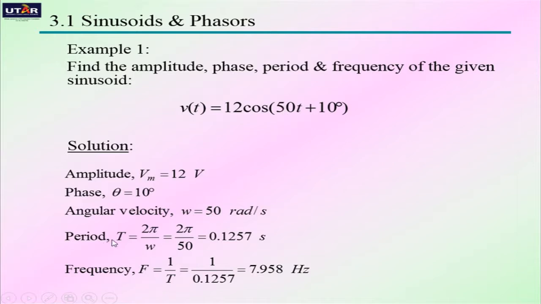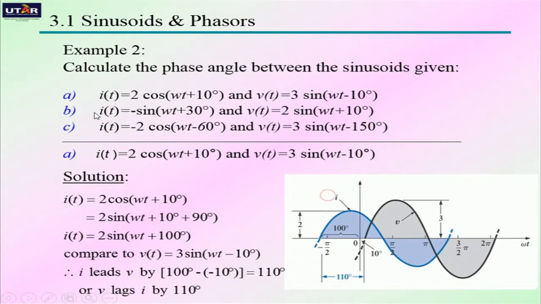Since period is the reciprocal of frequency, 2 pi divided by omega gives us 0.1257 seconds. In other words, it takes about 0.1257 seconds to complete one cycle. And frequency is the reciprocal of period, which is 7.958 Hertz.